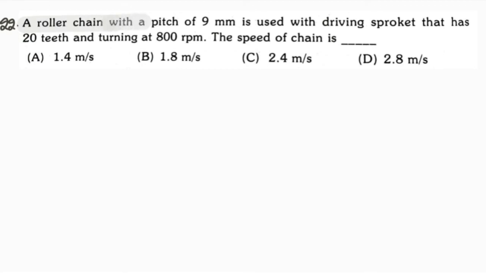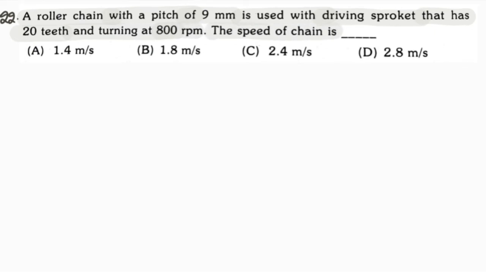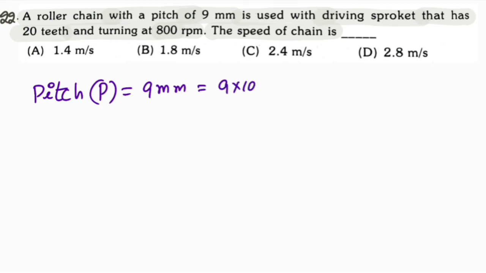A roller chain with a pitch of 9 mm is used with a driving sprocket that has 20 teeth and turning at 800 rpm. The speed of the chain is, it is like this. The pitch is given. Pitch is denoted by P equal to 9 mm. Let it be in meters, equal to 9 into 10 raised to minus 3 meters.